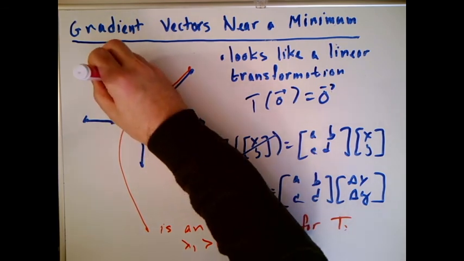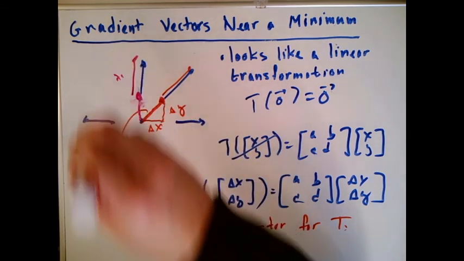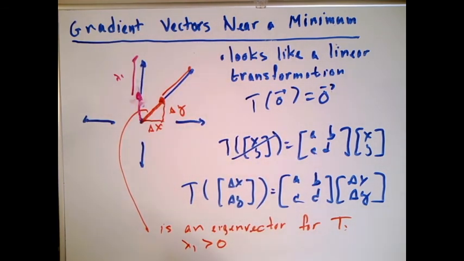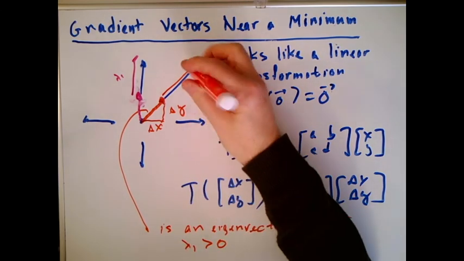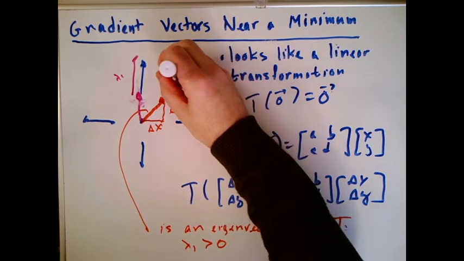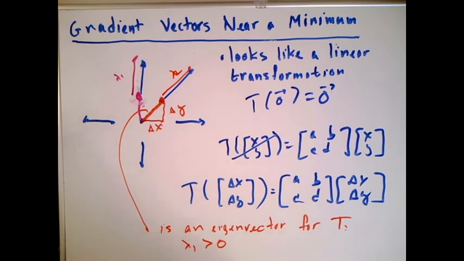So if I call the eigenvalue there lambda 1 and the eigenvalue here lambda 2, you can see that if this is a minimum, the eigenvalues are all going to be positive. Because every time I plug in a vector, the answer vector is going to be that same vector stretched in a positive direction.